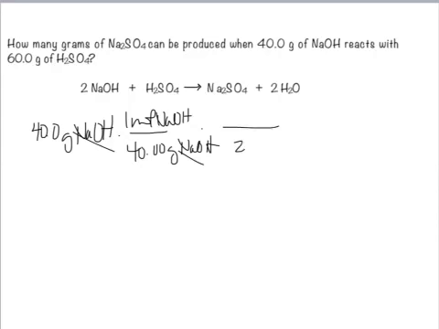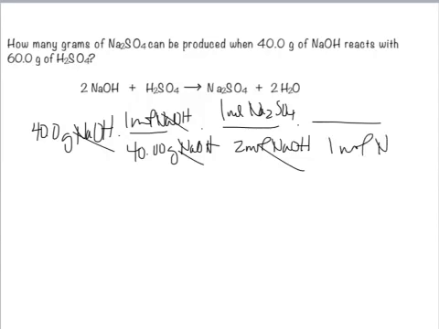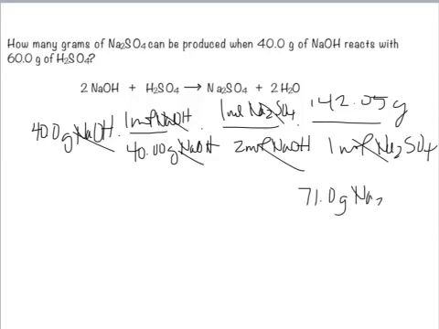According to the balanced formula, for every 2 moles of sodium hydroxide, I get 1 mole of sodium sulfate. And then I want to do mass. 1 mole of sodium sulfate has a mass of 142.05 grams. Moles cancel. If I do the calculation, I get 71.0 grams of sodium sulfate.